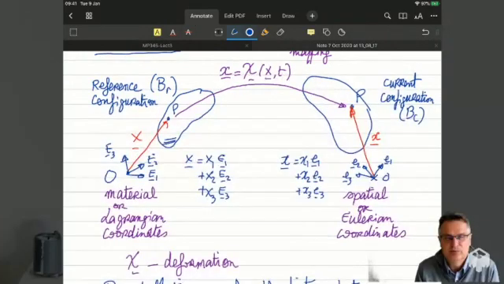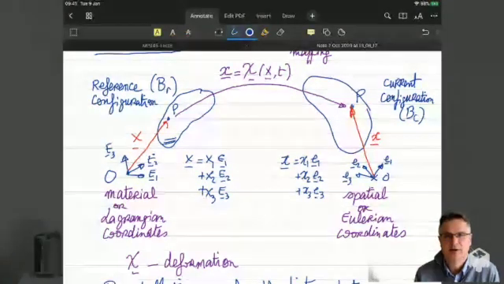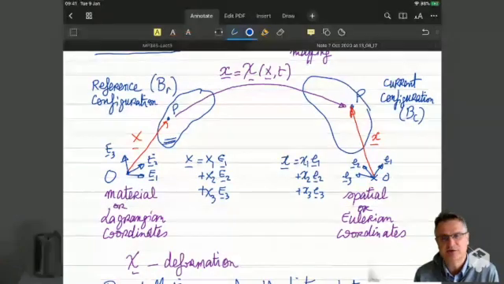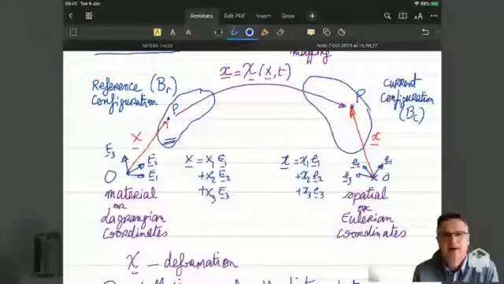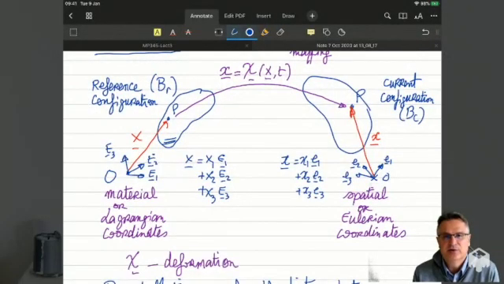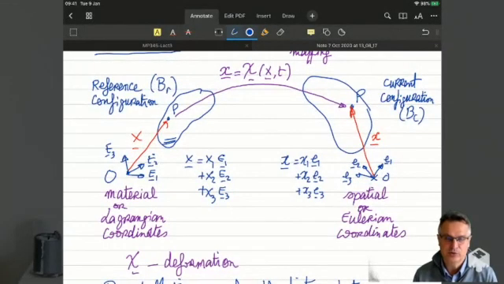The potato on the left lives in the reference configuration. The potato on the right is the same body, but it's been moved and deformed and is now in the current configuration. I have to associate Lagrangian and Eulerian coordinates, Lagrangian and Eulerian vectors, and also Lagrangian and Eulerian differential operators.